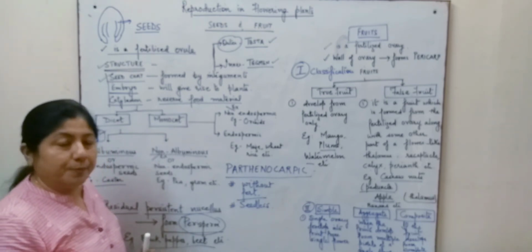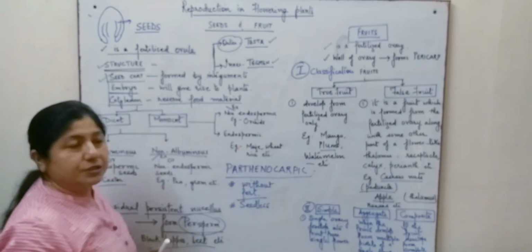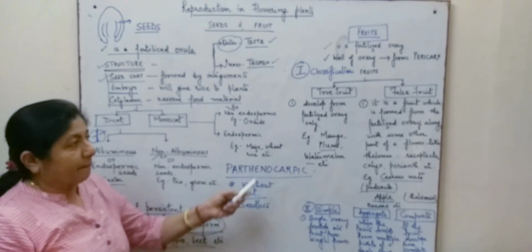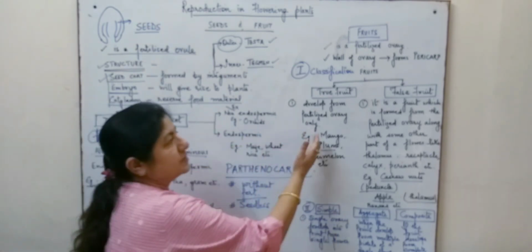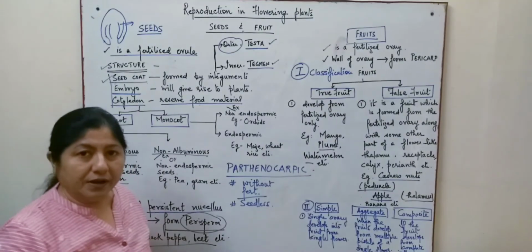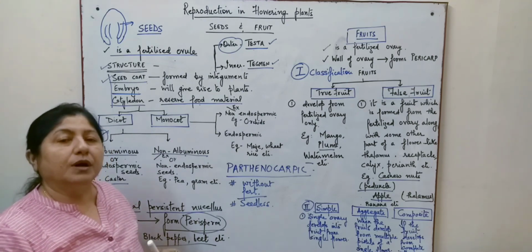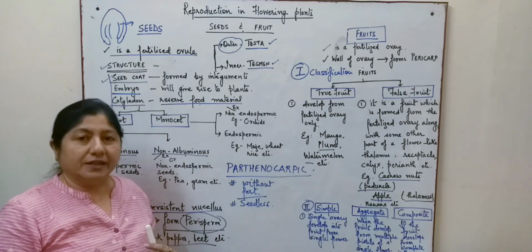So parthenocarpic fruits are also false fruits, and there are some major differences between true fruits and false fruits. That we'll be studying later on. Thank you.